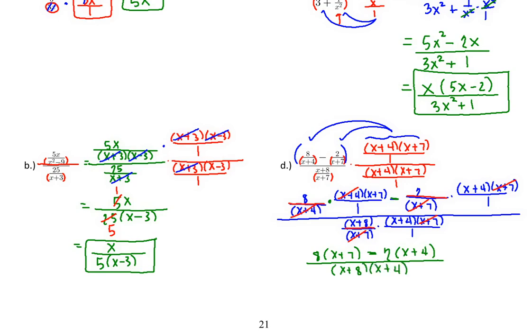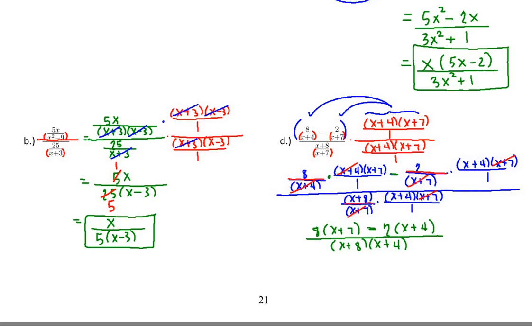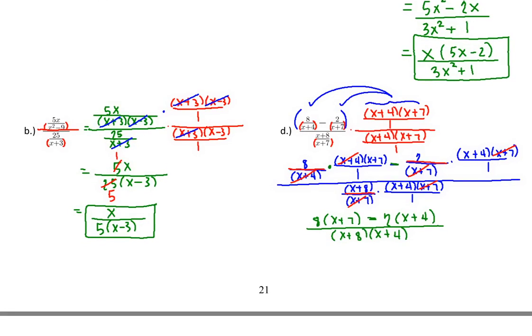Okay, y'all hang in there. We have arrived at a double-decker fraction, but we need to simplify it, right? Leave the denominator factored, but let's do a little bit of work in the numerator. So I'm going to distribute the 8 to get 8x plus 56. Be careful here.